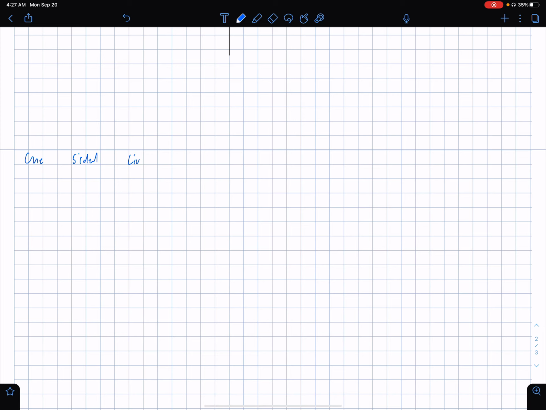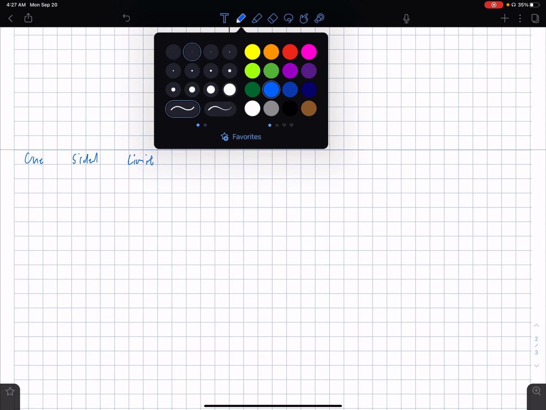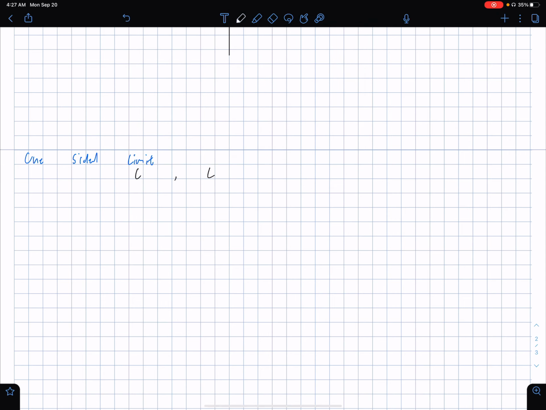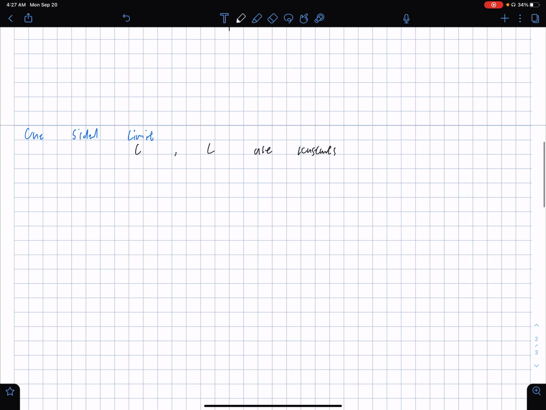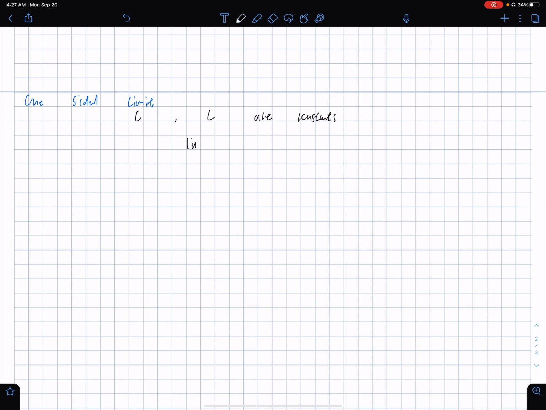Provided that c and L are real constants, limit x approaches c plus equals L, and limit x approaches c minus equals L. Now, the plus or minus sign here represents which direction you are approaching point c.